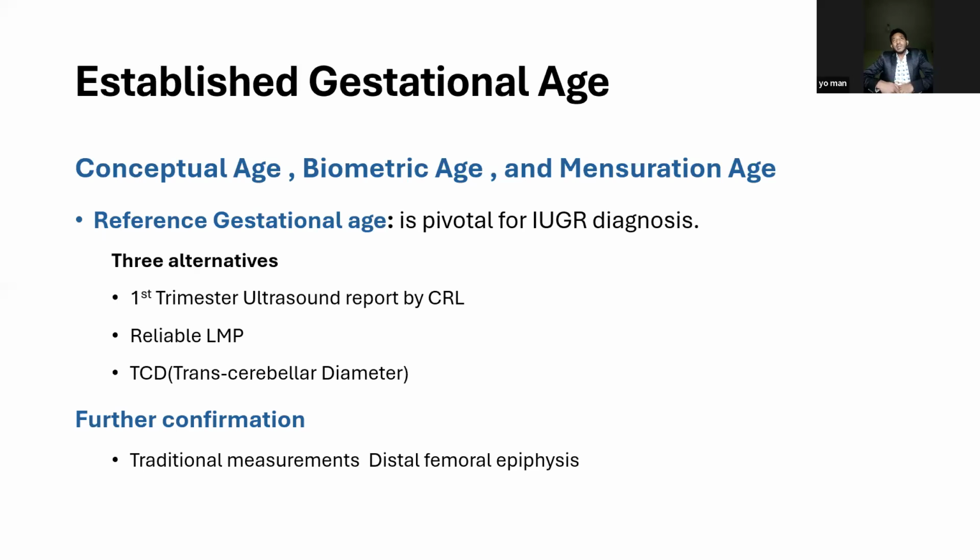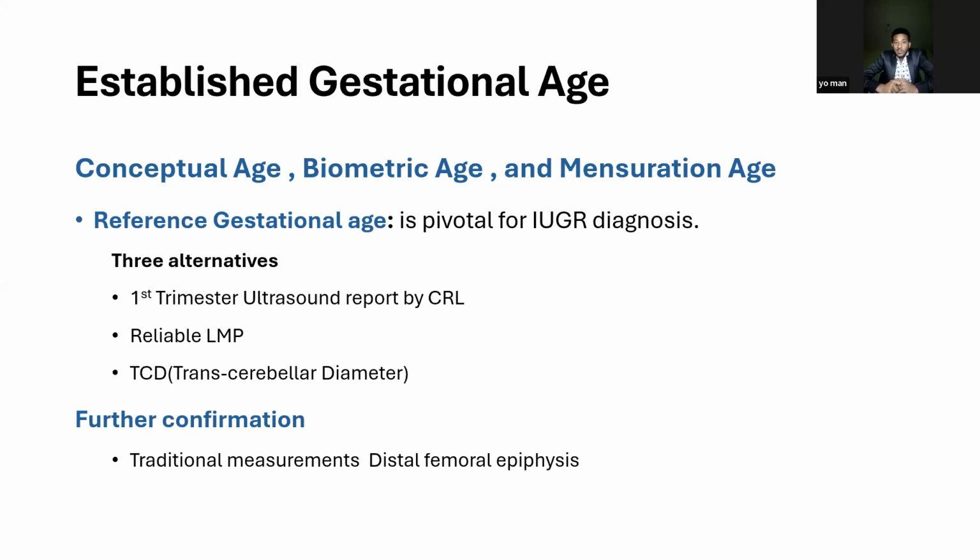the work does not stop at only obtaining those reliable gestational ages. You have to check the accuracy of those gestational ages by using other traditional measurements, like I do with transcerebellar diameter. The most important traditional measurement, especially in the third trimester, is to see the visibility of the distal femoral epiphysis.